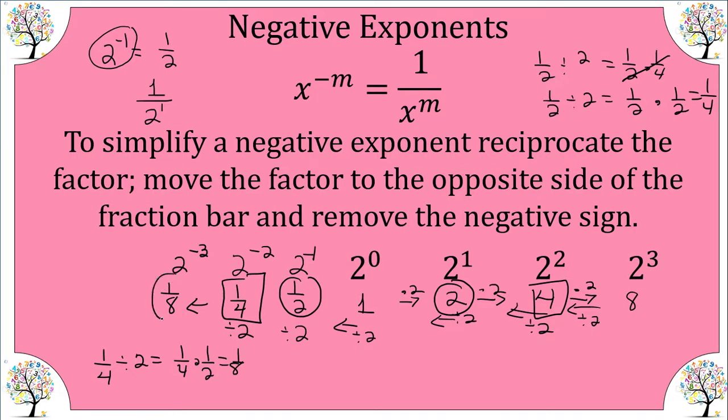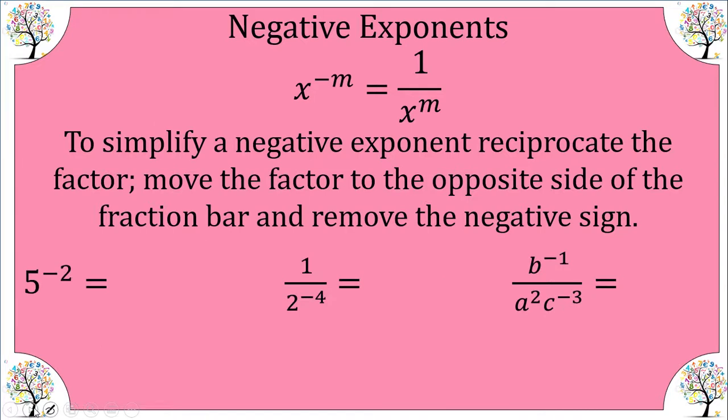And then 1/8, which is 2 to the negative third, and 8, which is 2 to the positive third, are just reciprocals of each other. So that is why the rule is: if you have a negative exponent, and we're not talking about a negative base, just a negative exponent, you reciprocate and move it to the opposite location and remove the negative sign.